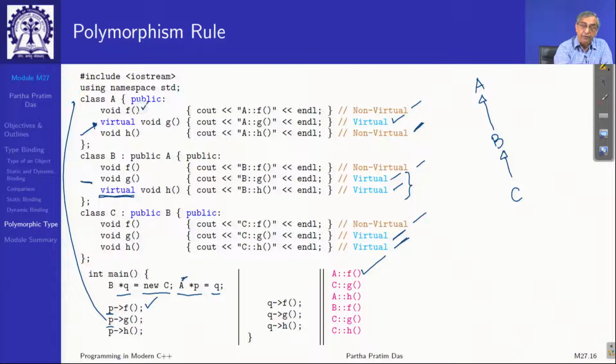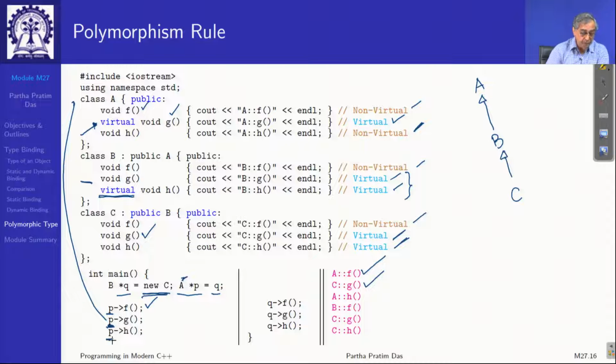It decided for F earlier, now it is deciding for G, it finds that it is virtual. So, it is dynamically bound. So, it does not decide based on the type of P, it decides based on the type of the object it is actually pointing to, which is C. So, what does it call? It calls the G function of class C.